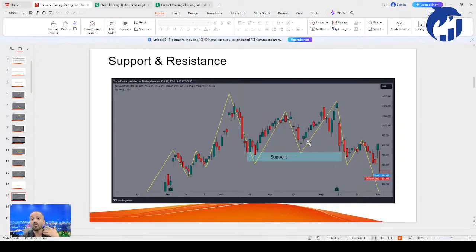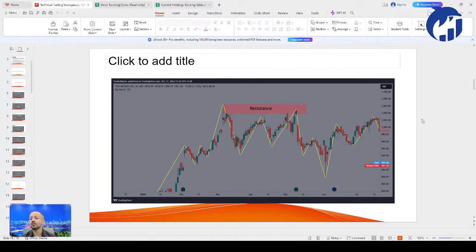And on the contrary side, we have a term used as resistance. Resistance is just the opposite of support. Like how you have a floor on which people stand, there is a ceiling right on top of us where you have the light bulbs, the fans, and all the other kind of equipment. So a floor represents support where price holds.